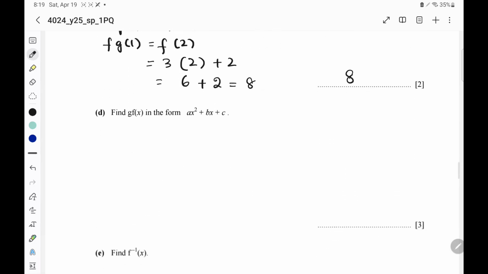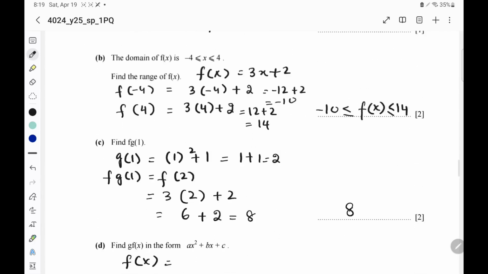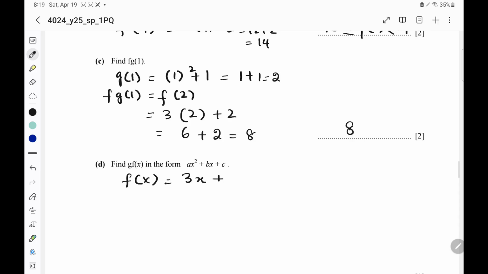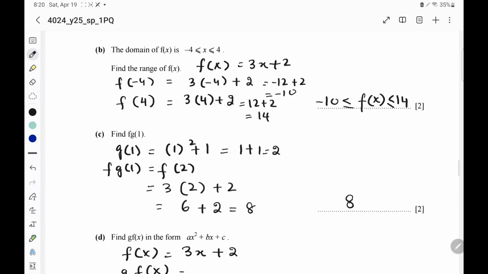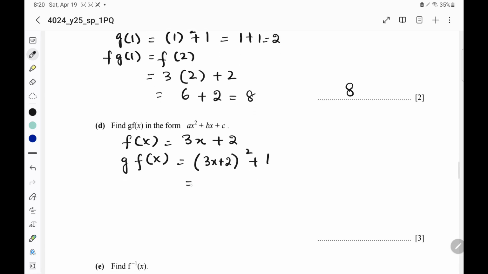Alright, the next one, gf(x) in the form of ax squared plus bx plus c. We know that f(x) is equal to 3x plus 2. g of x is x squared plus 1, so in place of x I'm writing 3x plus 2: 3x plus 2, whole squared, plus 1.